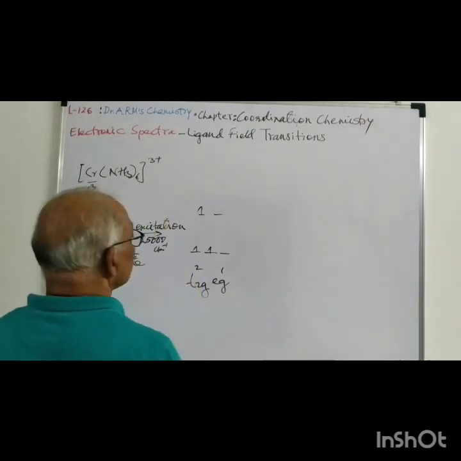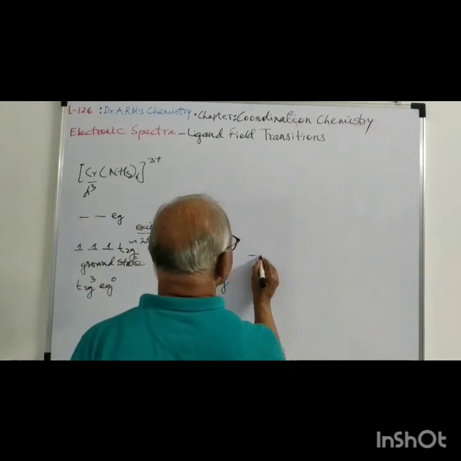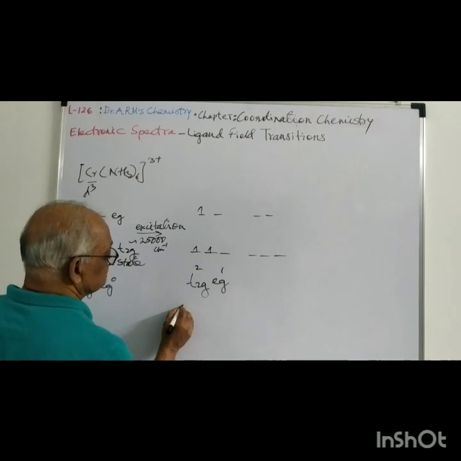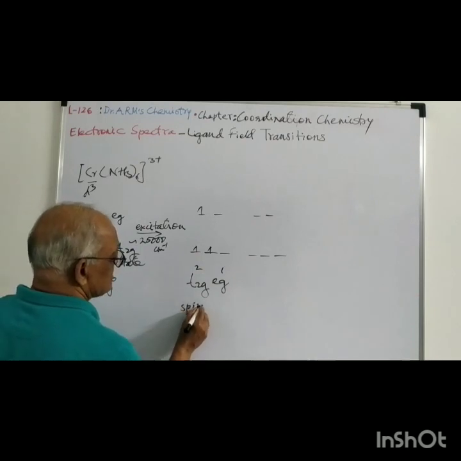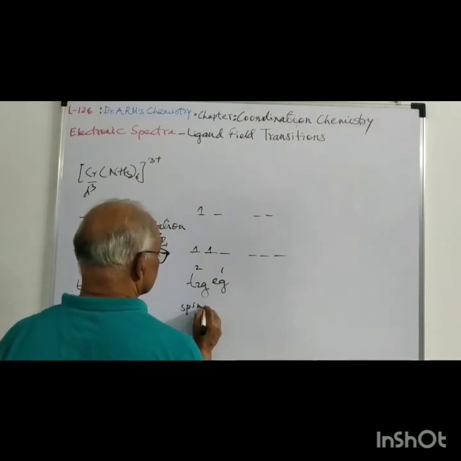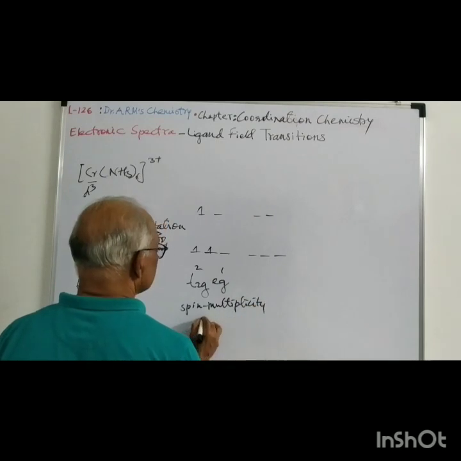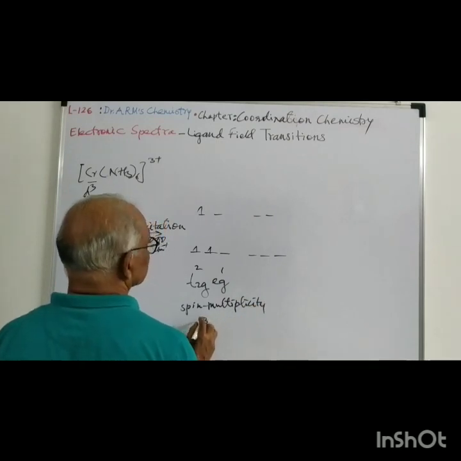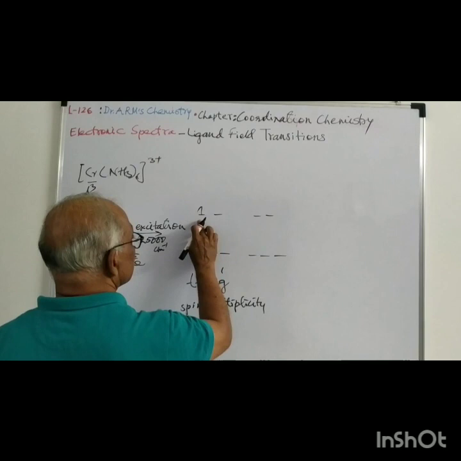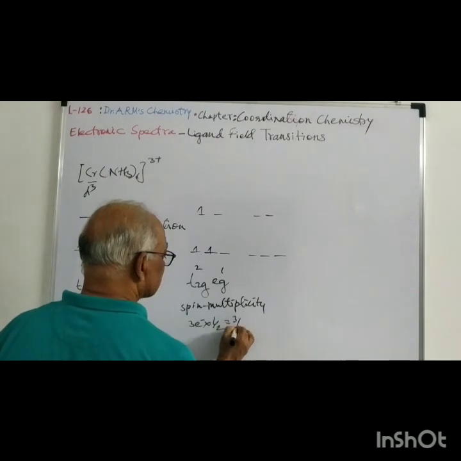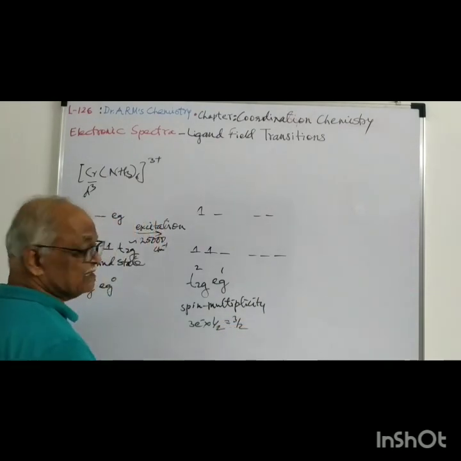Now, the distribution also varies like this. Here the spin multiplicity is 4, meaning there are total 3 electrons, so 3 into 1/2 is 3/2 total spin.